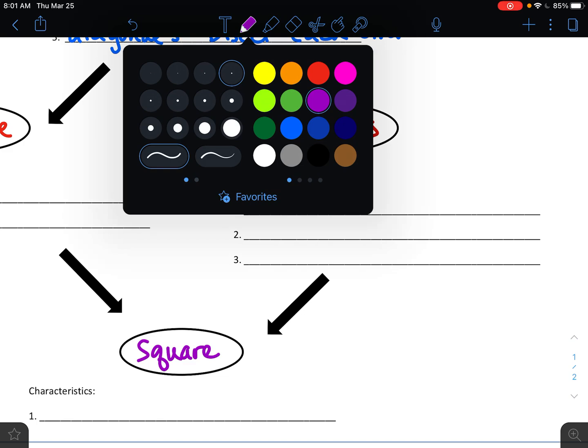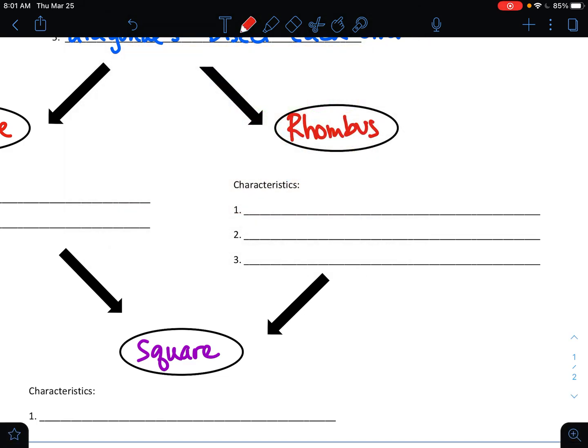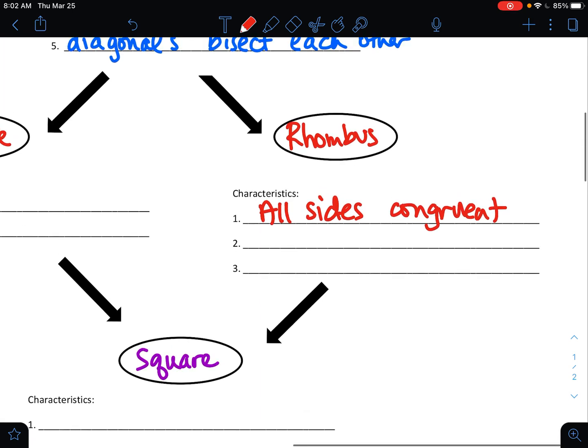So there are 3 main properties of a rhombus. First one is the definition. It has all sides are congruent, or 4 congruent sides, however you want to write that. I'll just write here, all sides congruent. So it is a parallelogram with 4 equal sides.